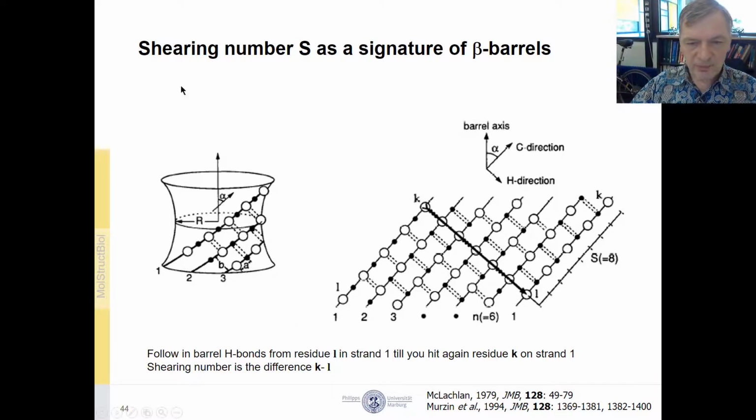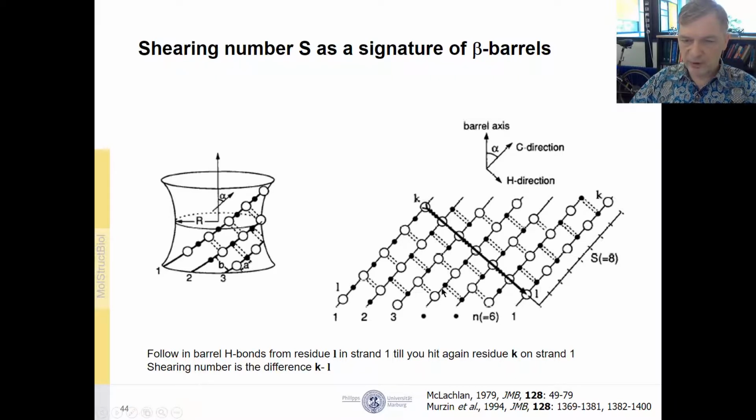The shear number is also a very simple geometrical descriptor of beta barrel proteins in the membrane. You start from strand 1 and ask from which residue of strand 1 you can go by a closed chain of hydrogen bonds, because we have antiparallel hydrogen bonding, in an antiparallel beta sheet, going back until you finally get back to strand 1.